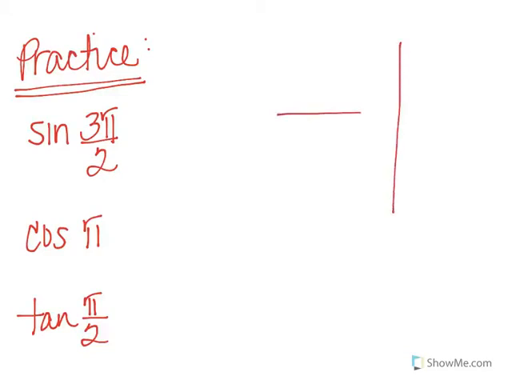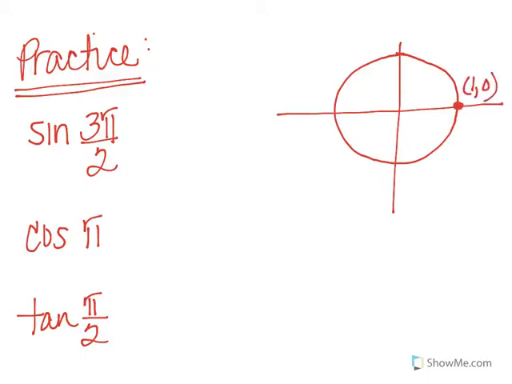Okay. The more and more you draw the unit circle, the faster you'll memorize it. So instead of flashing back to the previous screen, let's just practice creating the unit circle again. Okay.